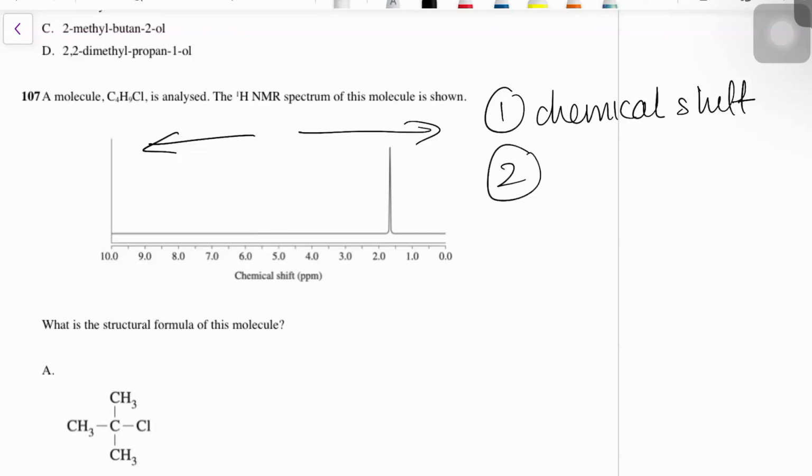Number two, it gives you information about integration, which is how tall the peak is, okay? How tall the peak is will tell you how many different protons, in this case, it's a proton NMR, or if it's 13C NMR, how many carbons. Integration tells you how many protons or how many carbons have the same chemical environment.